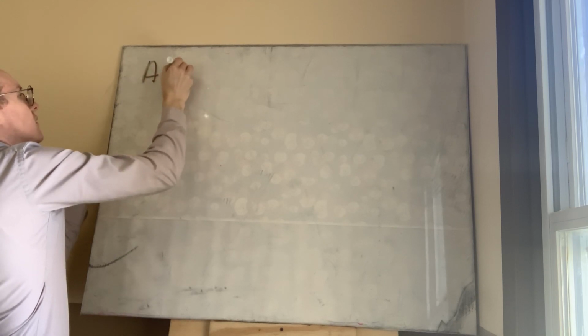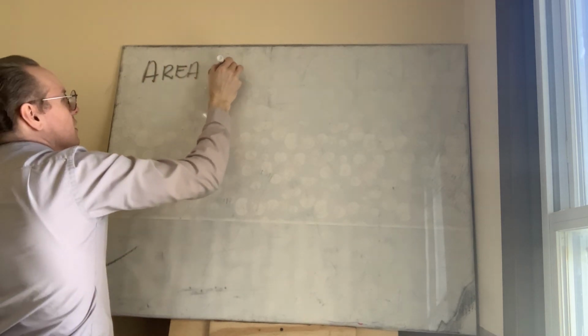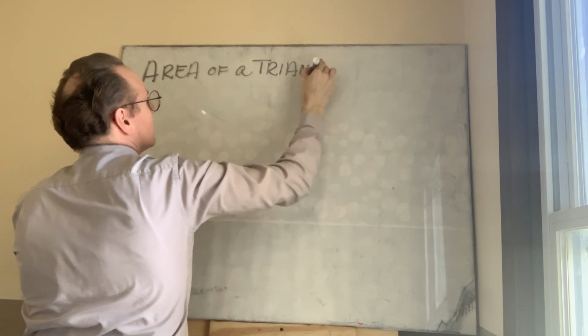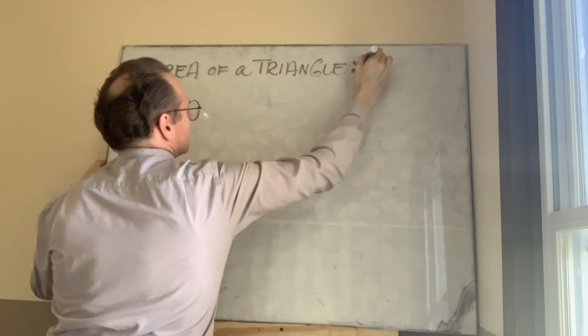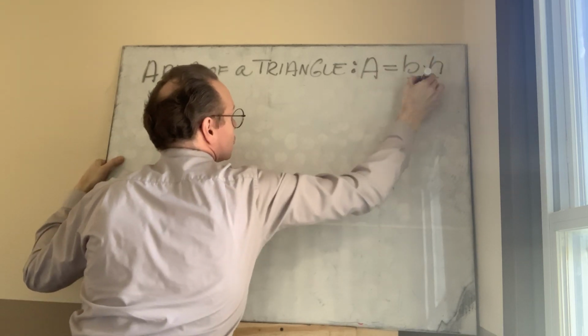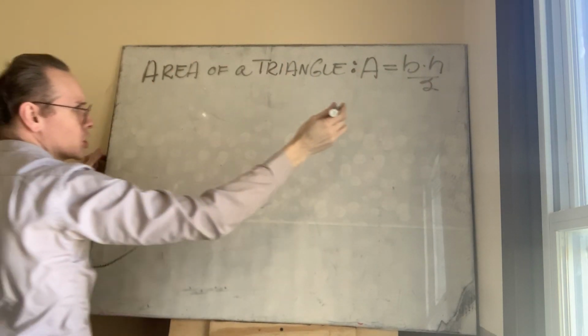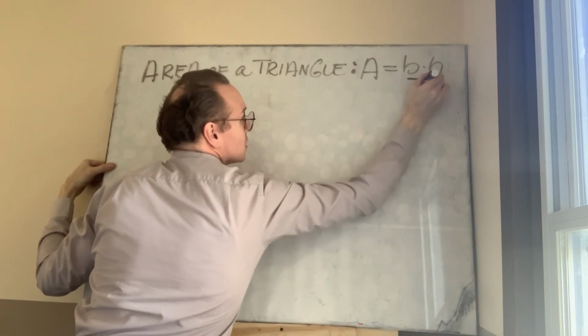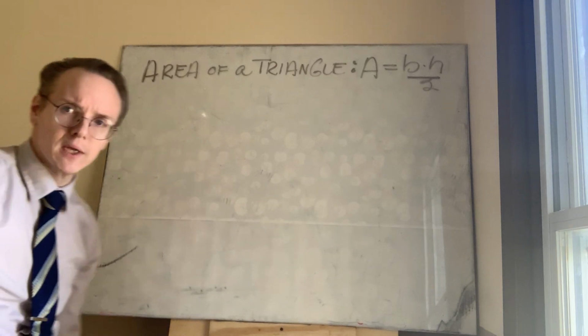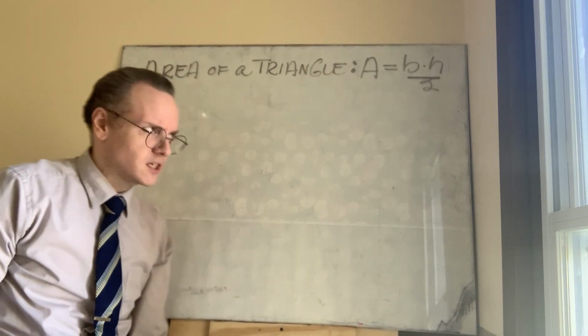Area of the triangle is this formula historically: base times height divided by 2, in its most concise, crunched down incarnation of itself. And if you've ever wondered how they came up with this, I'm sure you could figure it out.